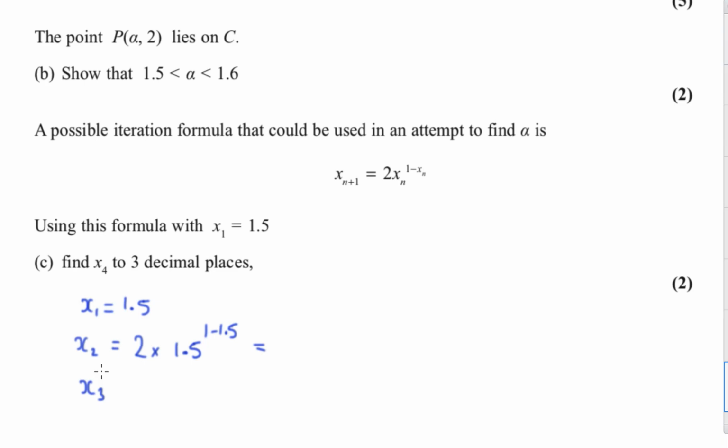What I'm doing is I'm pressing 1.5 and equals. I'm then going to do 2 times answer to the power of 1 minus answer, and just press equals. That comes out, and we want 3 decimal places, that comes out 1.633. Now because that 1.633 is the last answer, I can now just press equals again to get x3. That's 1.466. And I can press it again and this time I get 1.673.